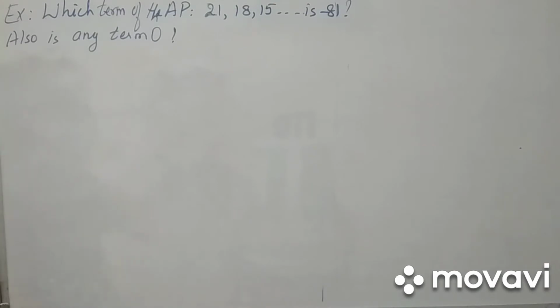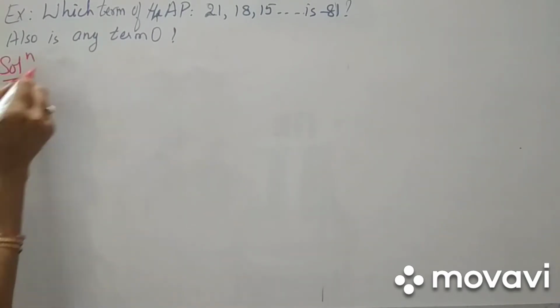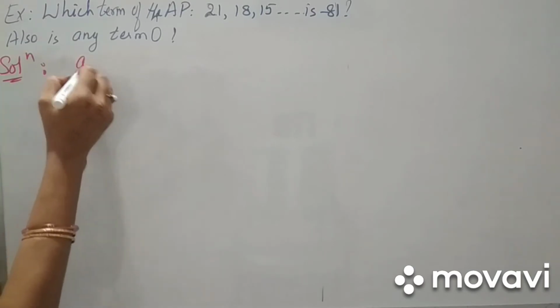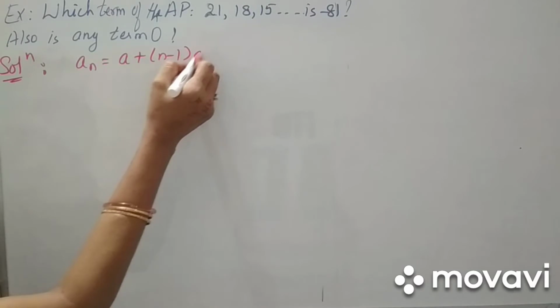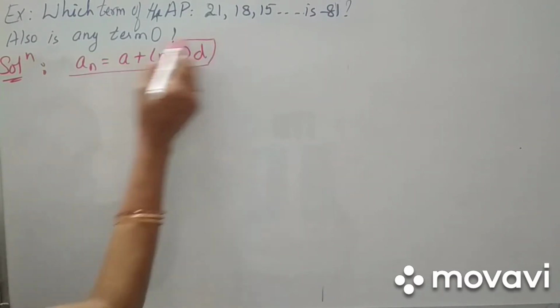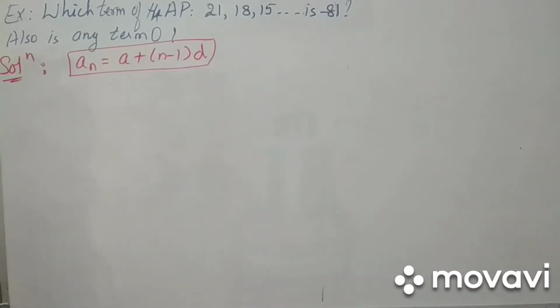So once again, one more term is given as an. Now, first of all, before doing the solution, we will write our formula. What is the formula? An is equal to A plus n minus 1 into D. Remember it and write it before solving the sum.